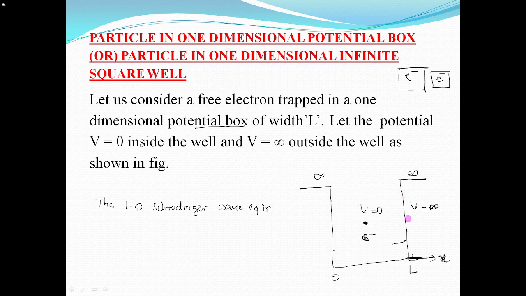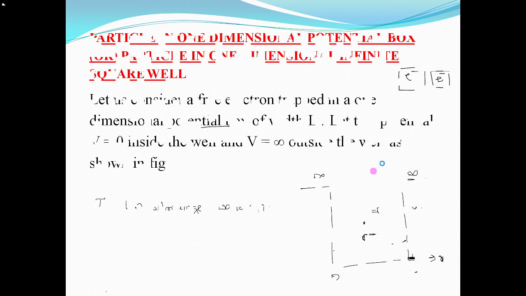We need to calculate the energies of each state, and where this electron stays, whether in the E2 state, E3 state, E4 state, or E5 state.